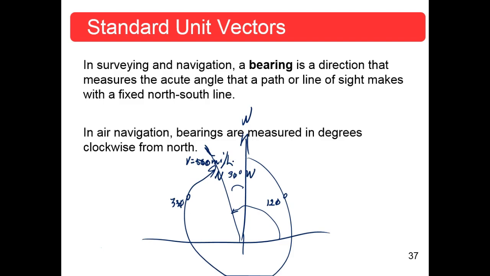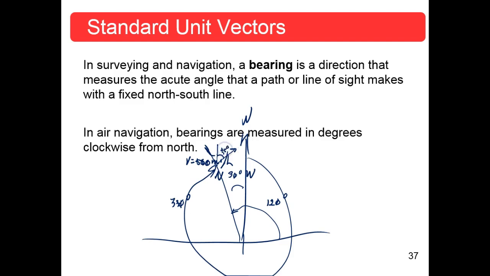Now, as the plane reaches a certain point, it encounters wind with a velocity of 70 miles per hour in the direction north 45 east. So here comes a wind north 45 east. So that would be about here. So here is your wind going in this direction.